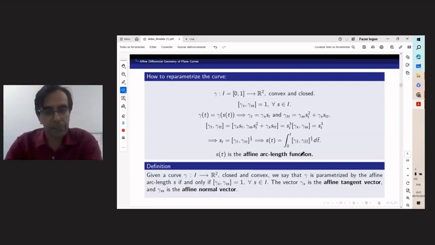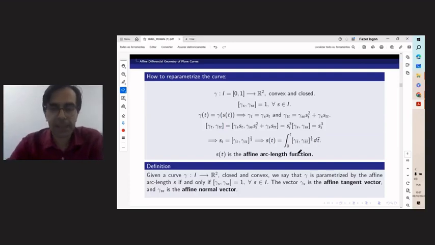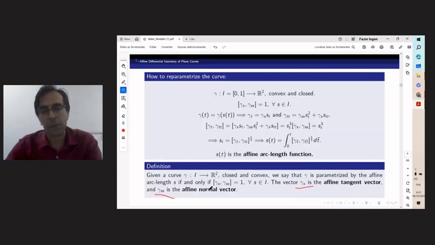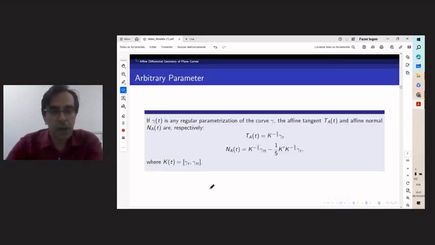The affine arc length parametrization has this advantage for us: in this case, the affine tangent vector is simply the derivative of gamma with respect to s, and the affine normal vector will be simply the second derivative of gamma with respect to s.